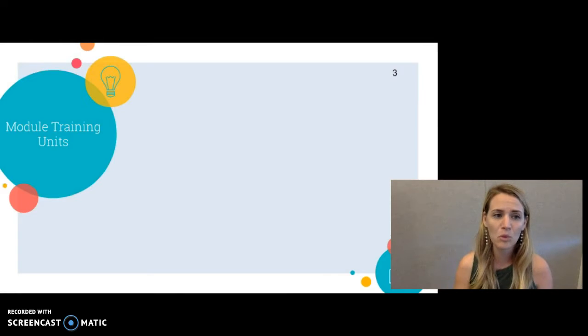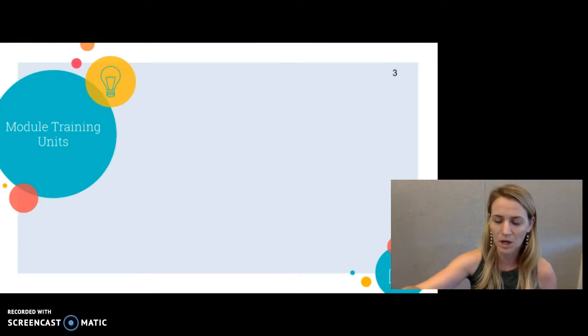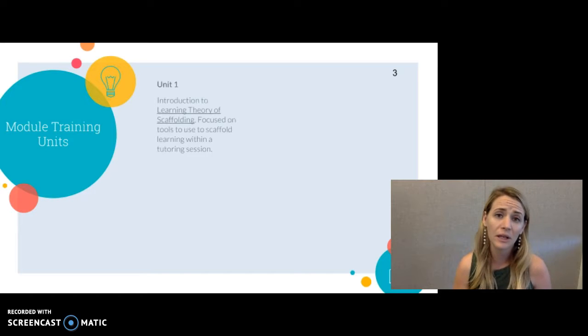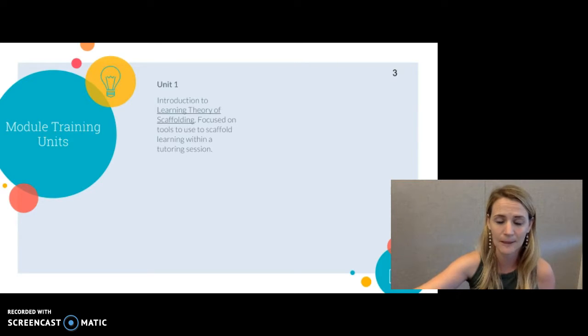So in a little bit more detail, I wanted to focus on the units in this particular module. There are 4 units, and Unit 1 really focuses on the learning theory of scaffolding. We're going to be looking at how to utilize scaffolding within a tutoring session specifically.